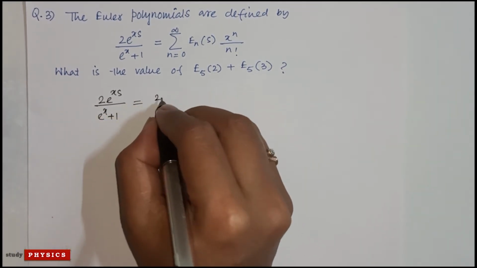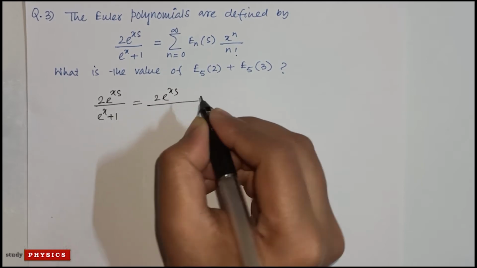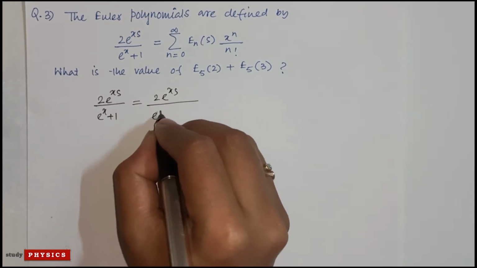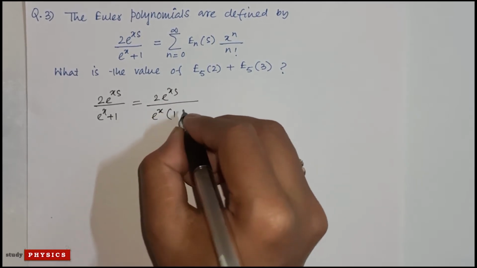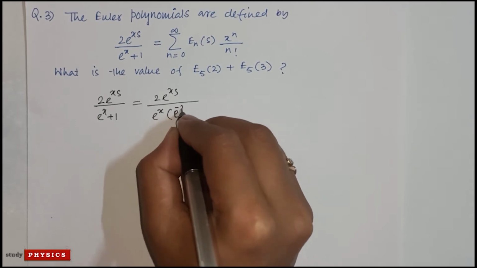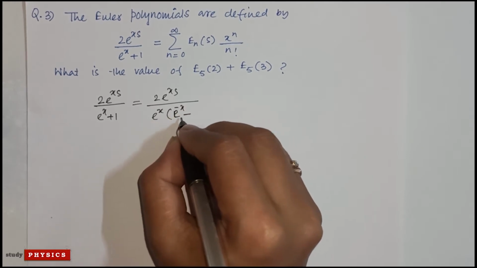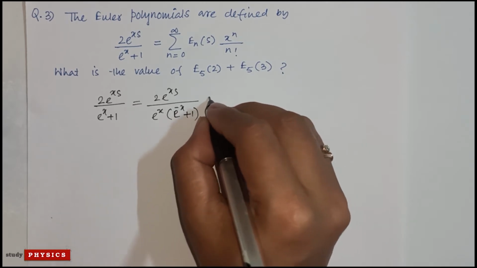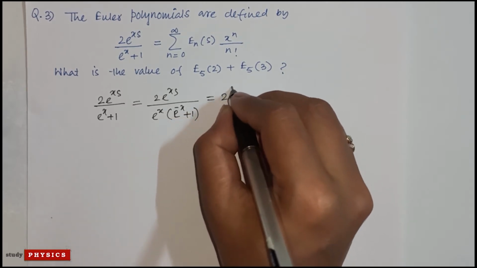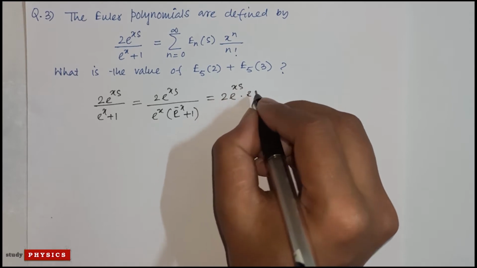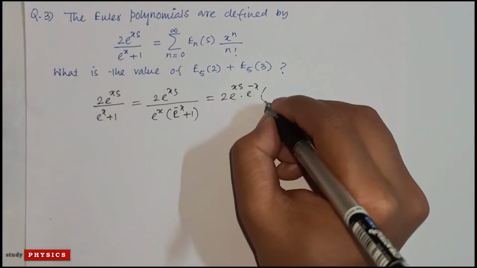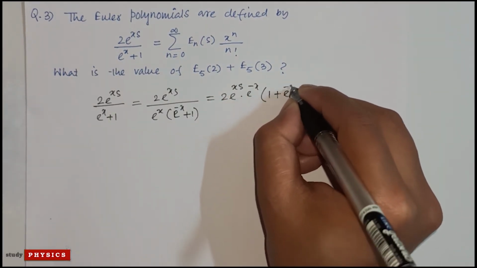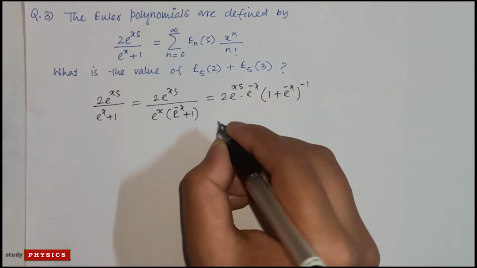So 2 e to the power xs divided by, if we take e to the power x in common, then this will be e to the power minus x plus 1. Okay, so 2 e to the power xs into 1 plus e to the power minus x inverse 1.